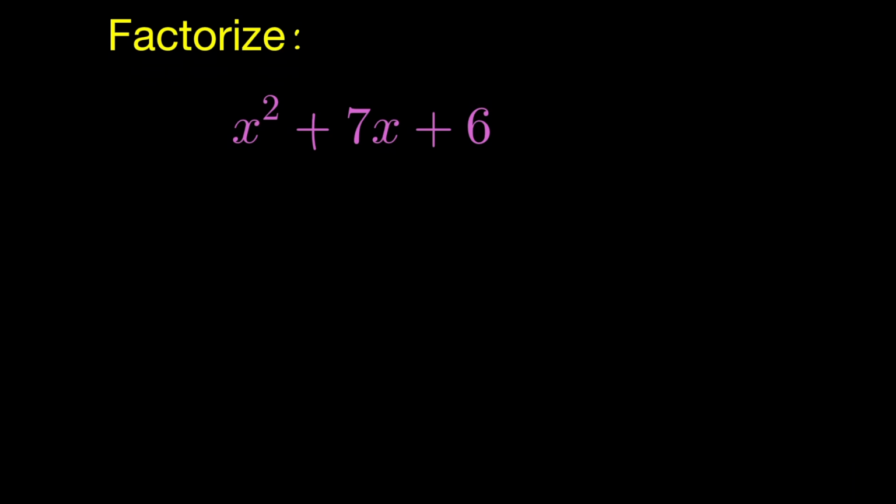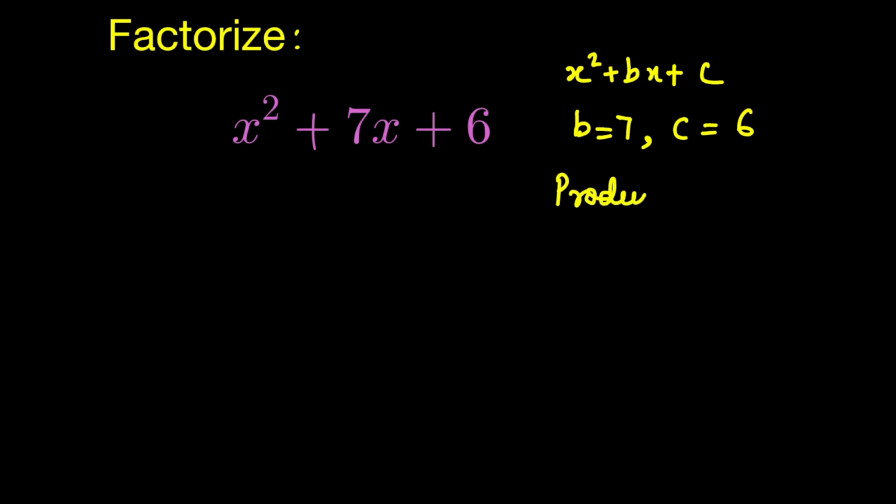So let us start with the first question. It is x square plus 7x plus 6. Relating with this form, we know b is 7 and c is 6. So we have to look at the product and the sum.